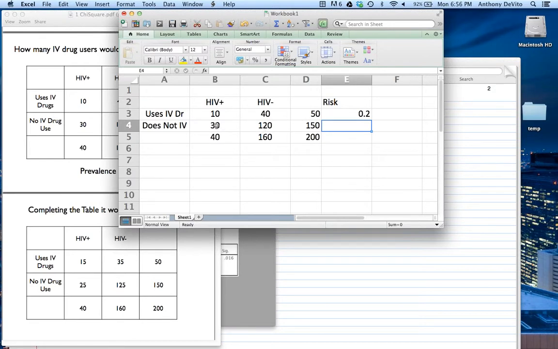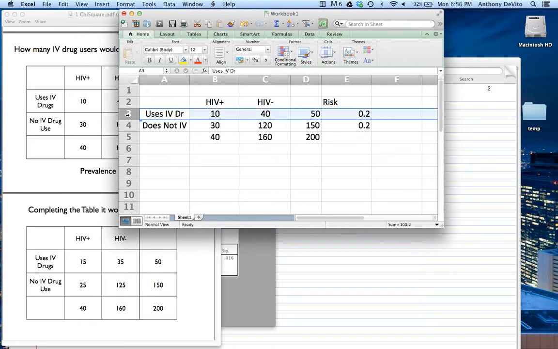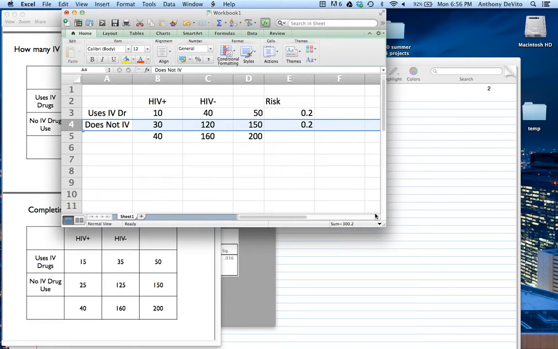Now if I also look at my group that does not use IV drugs, my risk is going to be equal to 30 out of 150. Okay, that's also 20%. So if the risk of being HIV positive is the same for IV drug users as it is for people that don't use IV drugs, what would you say about the impact of IV drug use?